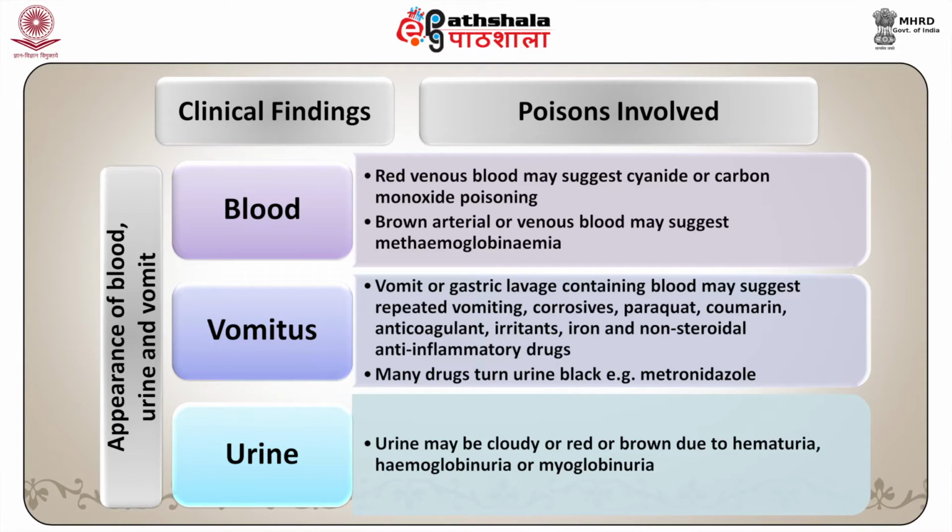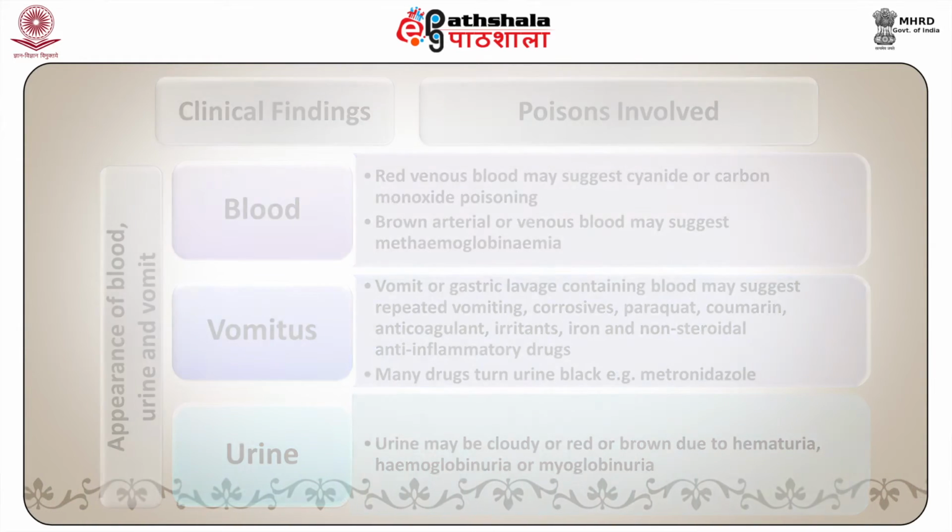Corrosives, paraquat, coumarin, anticoagulants, irritants, iron and non-steroidal anti-inflammatory drugs, and many drugs turn urine black also, for example in case of metronidazole. In case of urine, urine may be cloudy or red or brown due to hematuria, hemoglobinuria or myoglobinuria.